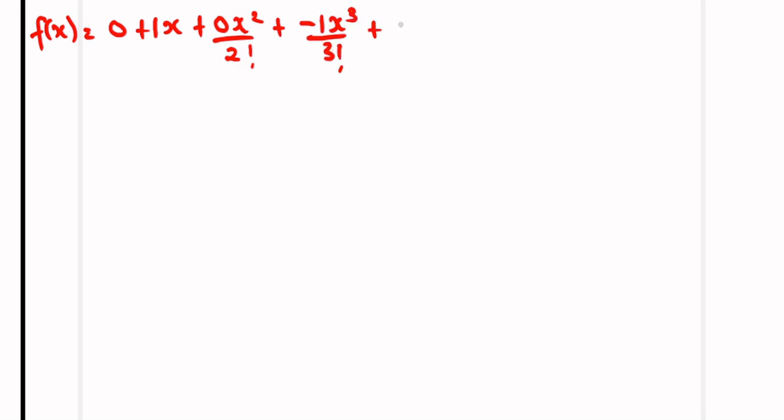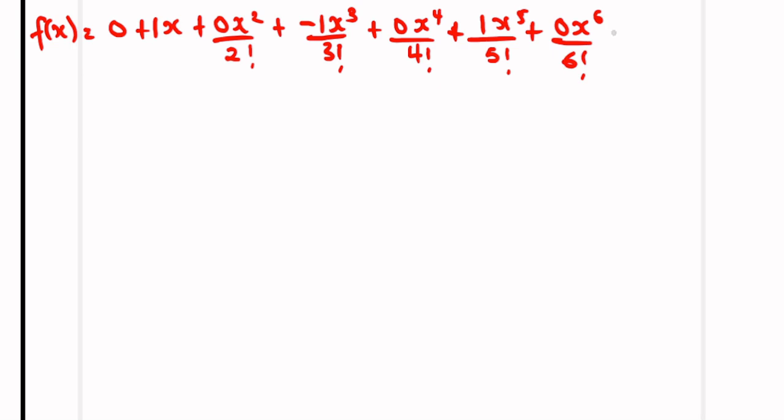Then plus the fourth derivative is 0, x raised to 4 over 4 factorial, plus the fifth derivative is 1, x raised to 5 over 5 factorial, plus the sixth derivative is 0, x raised to 6 over 6 factorial, and the seventh derivative is minus 1, x raised to power 7 over 7 factorial, plus dot dot dot.